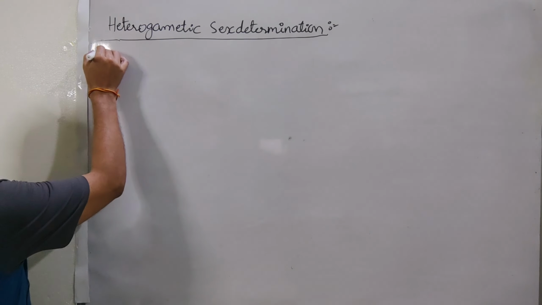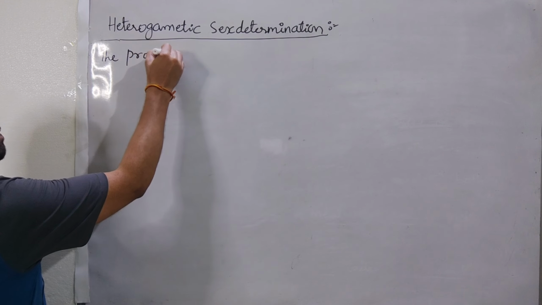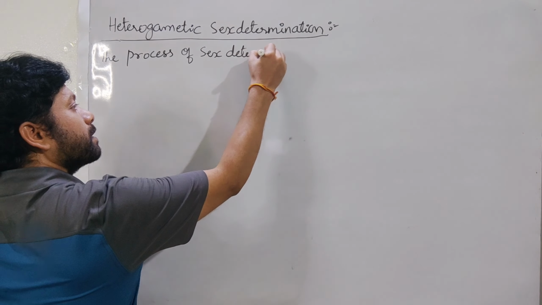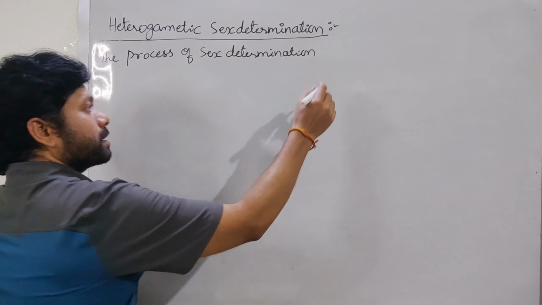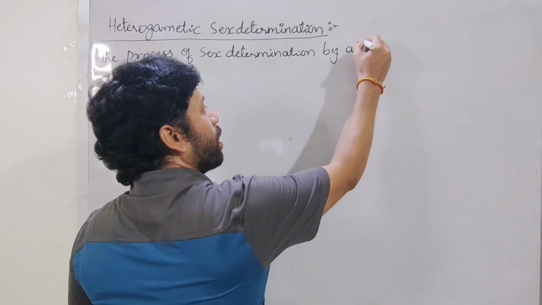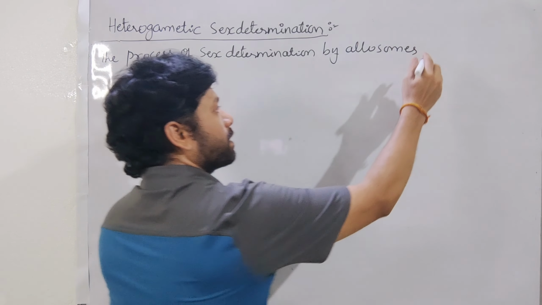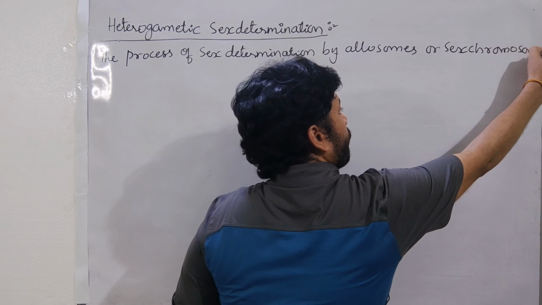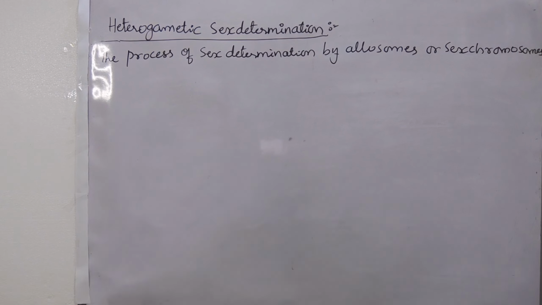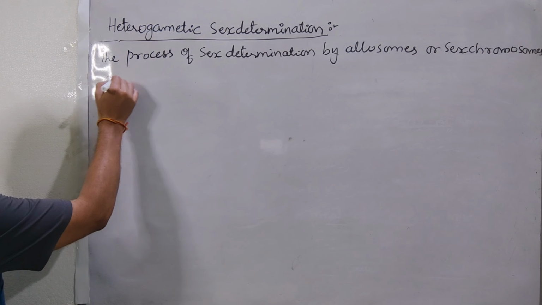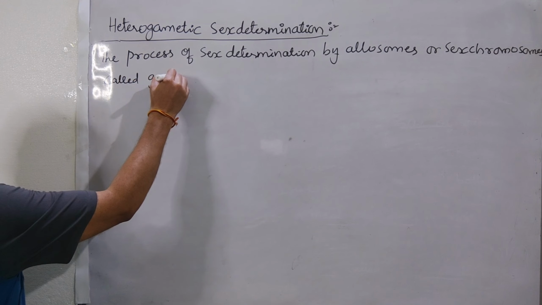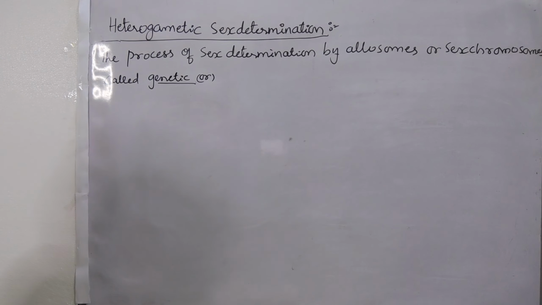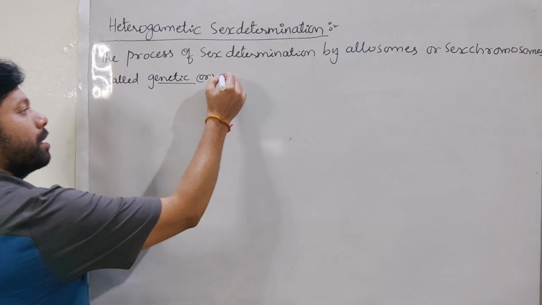The process of sex determination by allosomes or sex chromosomes is called genetic or chromosomal sex determination.